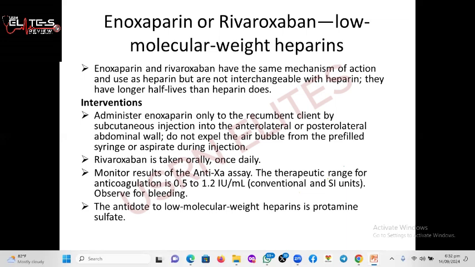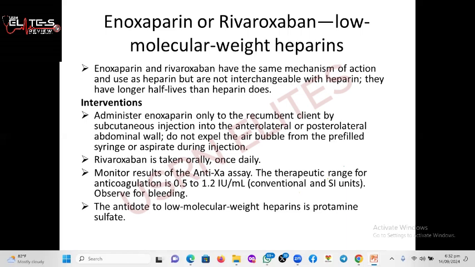All right. So enoxaparin is another form of what we call heparin, and the action is the same. The half-life of this one is a bit longer. That means that when you give enoxaparin, it stays in the system for quite a long time.